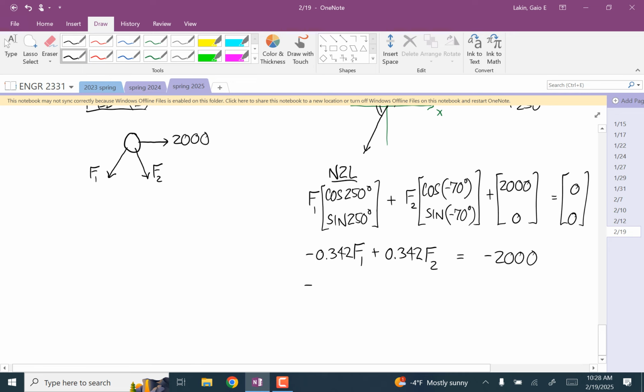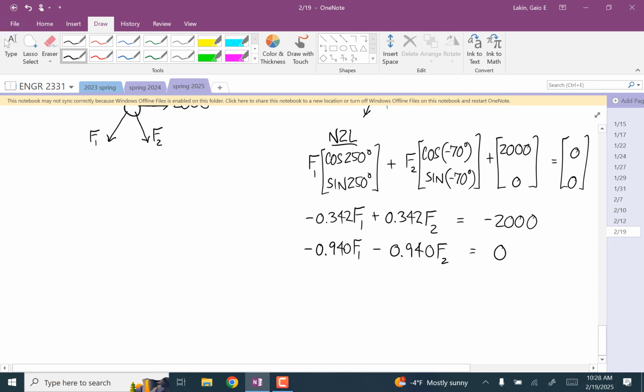And negative 0.940 F1 minus 0.940 F2 is equal to 0. And so here's our system of equations. We get that F2 is equal to negative F1.